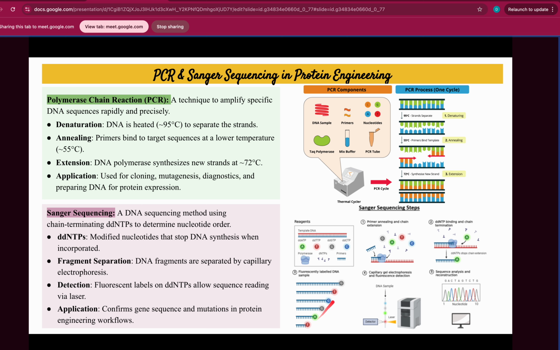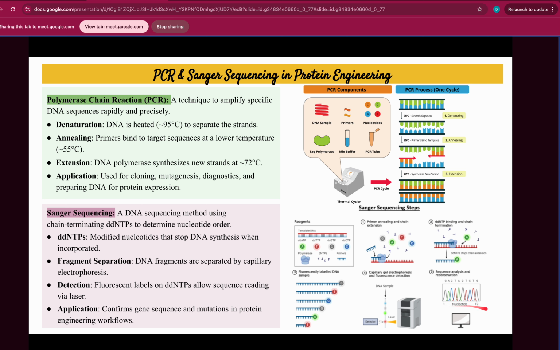In this way, multiple fragments will be generated which are complementary to our template DNA, the DNA which we are observing. So we can look at the signals to see where these peaks are obtained. Each of these ddNTPs is fluorescently labeled, so they have unique fluorescent signals with which we can know what type of ddNTP it is, whether it is ddATP, ddGTP, ddTTP or ddCTP.